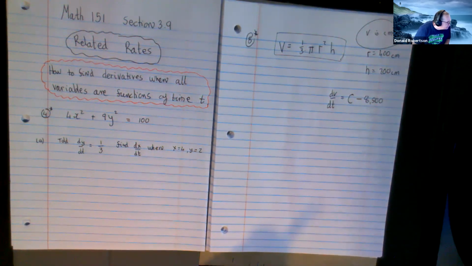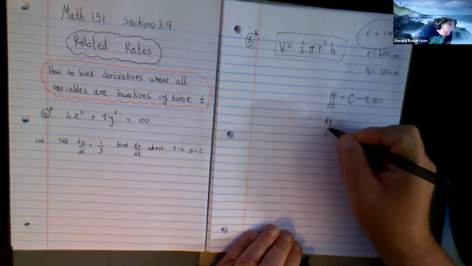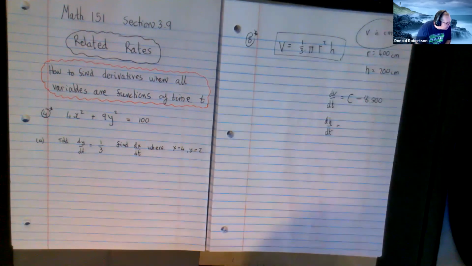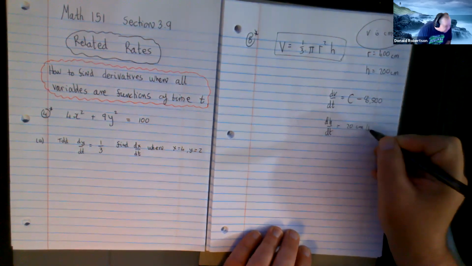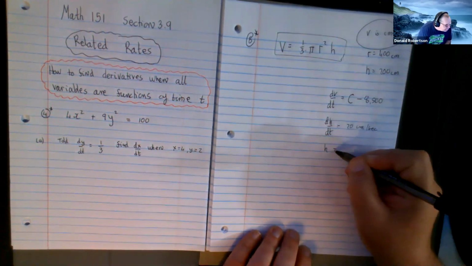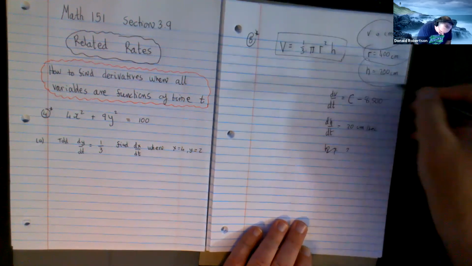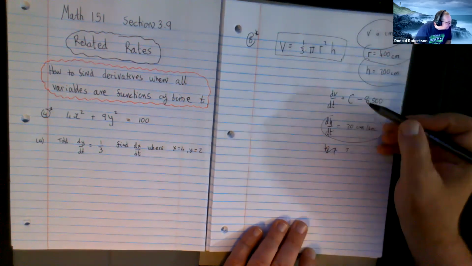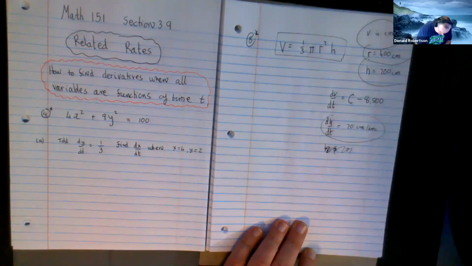What else do I know about it? I'm being told that dH/dt is 200 centimeters per second. Okay, we got that. And we're told that H is equal to 200. We're being asked to find C.